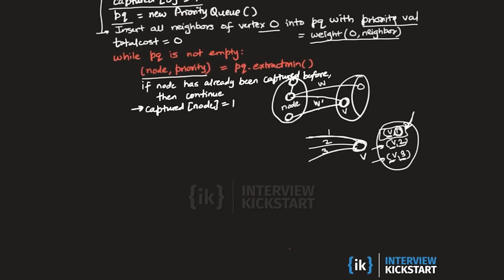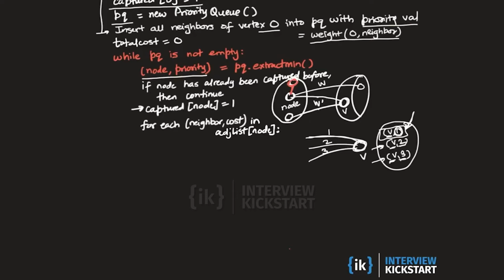Now we are going to look at all the neighbors of this node. So for each neighbor, and remember the neighbor is found with the cost of the edge to the neighbor, so for each neighbor comma cost pair in the adjacency list of that node, we have 3 options. The first option was that the neighbor was already captured, in which case we don't do anything.